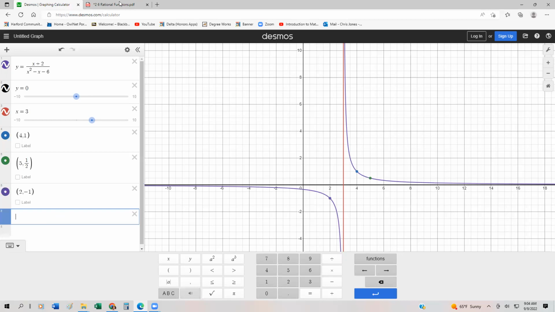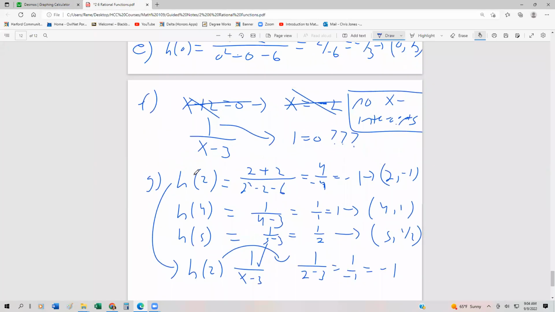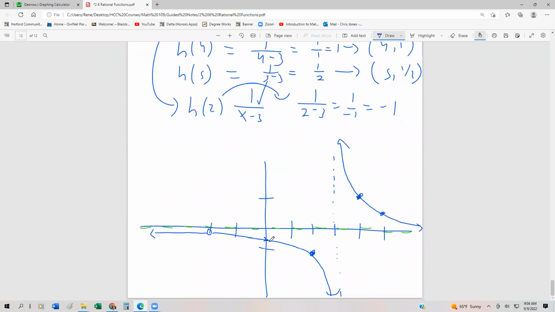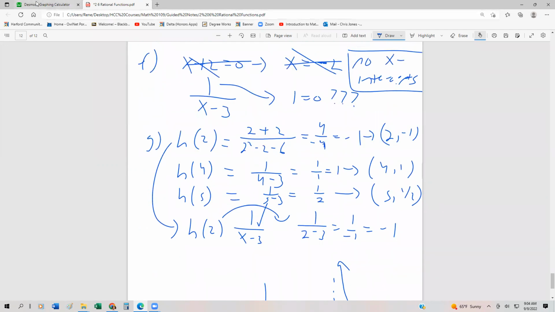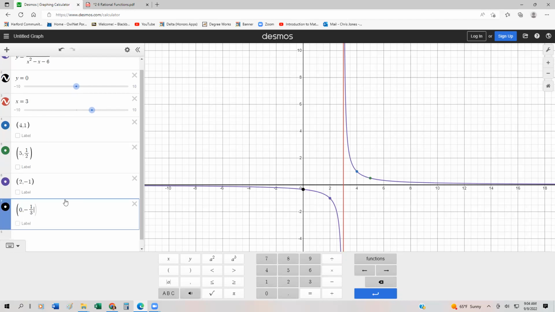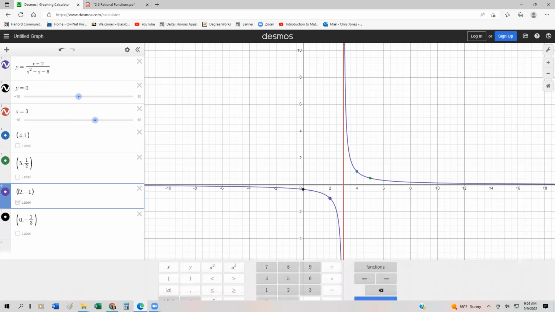And then also we had 0, -1/3, it looks like. Okay. I don't think we ever plotted that. Oh, we did. It was right about here. So 0, -1/3. So let's plot that one. All right. So those are all the points that we found from before. Okay. So that looks really good.